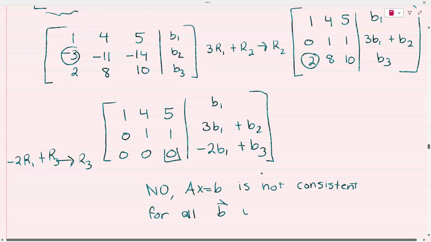So unless you can say 0 equals -2b1 plus b3, then yes.